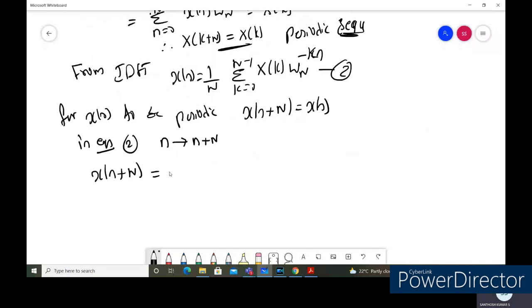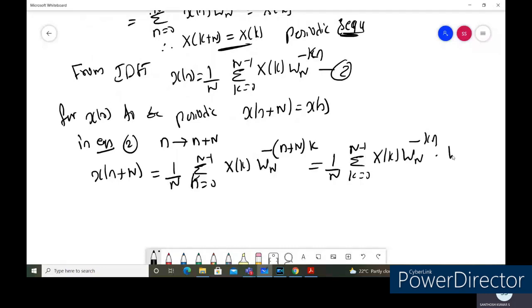It will become summation k equal to 0 to N minus 1 of X of k into omega to the power of minus kn into the Twiddle factor omega to the power of kN.